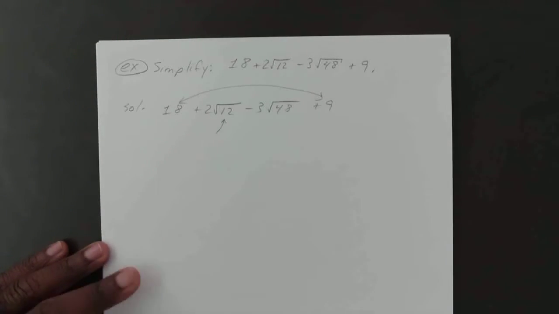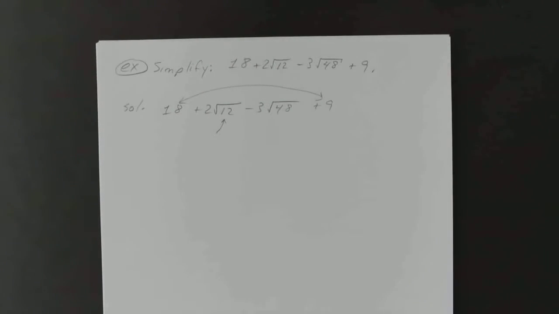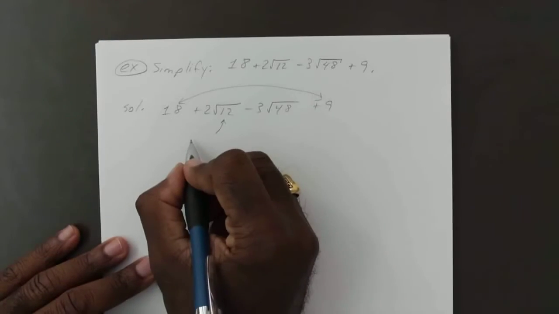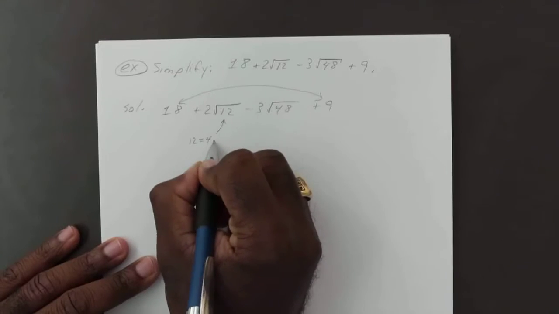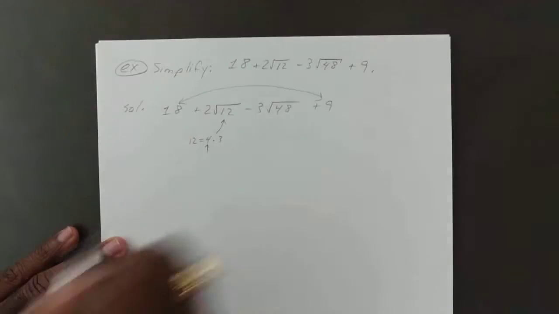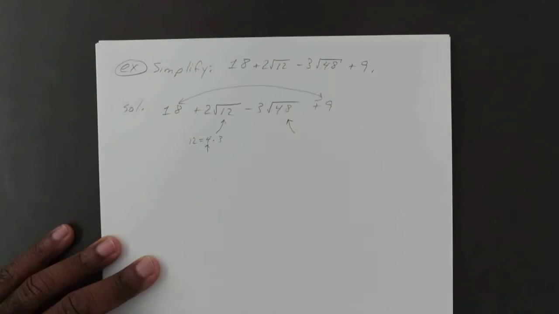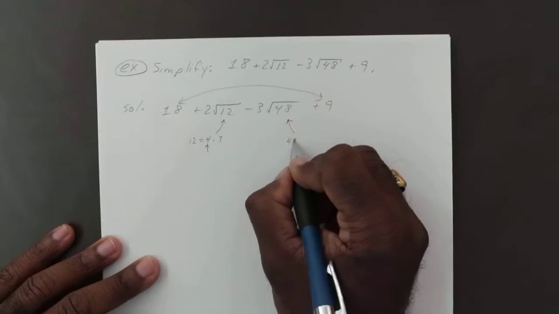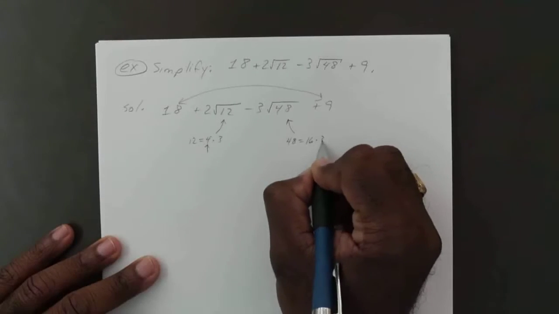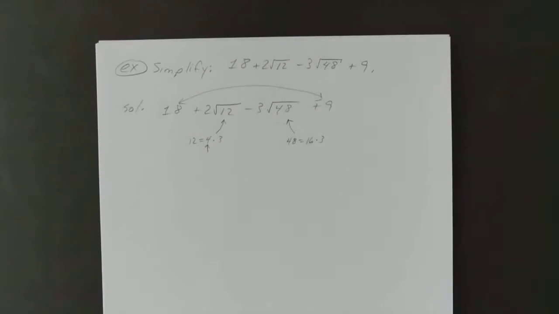So if we want to look for a perfect square, 12 could equal 4 times 3, where we have our perfect square, 4. And 48 is actually 16 times 3.